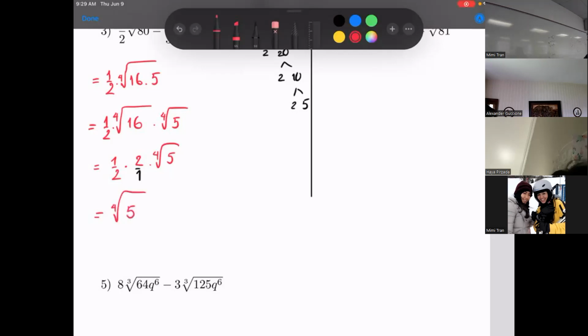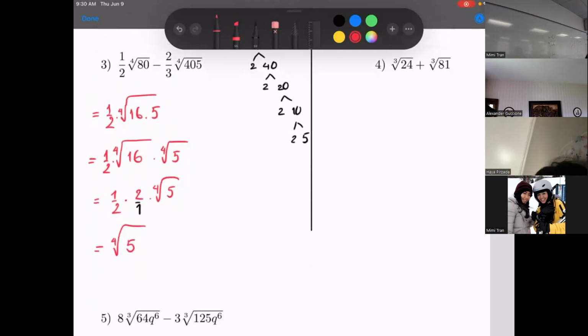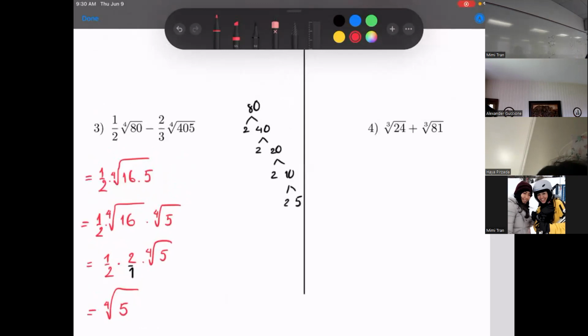On the exam, please be neat when you're writing the root index, okay? So it doesn't look like a coefficient. All right, 405. Does anyone have it yet? 5 times 81, very good. So I don't have to do a little tree.